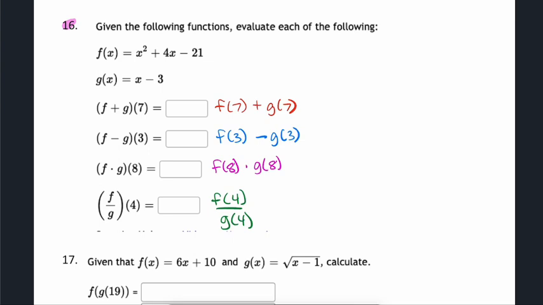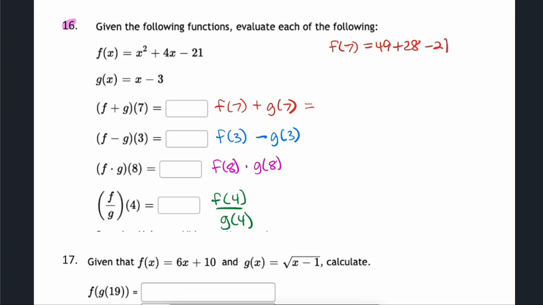Now let's take a moment to do maybe the first one and the last one. So the first one, if I plug 7 into the top function, I get 49 plus 28 minus 21. What is that? Can somebody help me here?